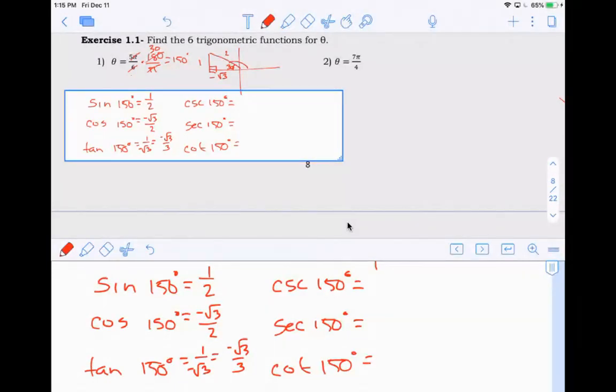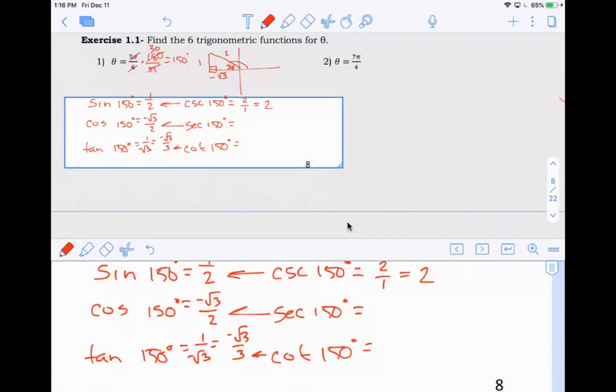But here, we've got these 3 new functions. Remember, they're the inverses of these 3 functions. What does inverse mean? It means reciprocal. So once you have sine of 150 equals 1/2, you know that cosecant of 150 is 2 over 1, or just 2. If you know that cosine of 150 is negative root 3 over 2, then you know that its inverse, secant of 150, is going to be negative 2 over root 3.